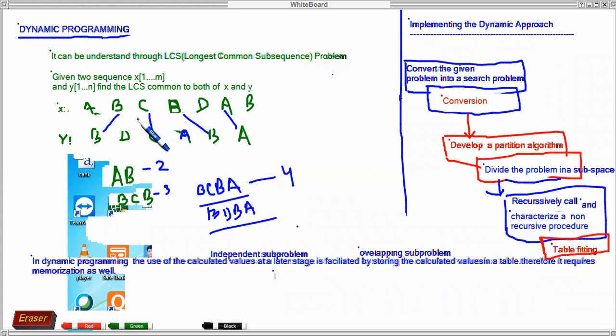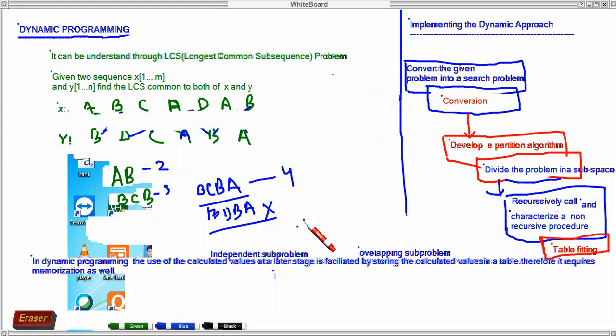You can go for B, then D, then B, then A. Sorry, BDBA is not possible. It is wrong, because it is crossing; the sequence order is not correct. BDBA is not possible.